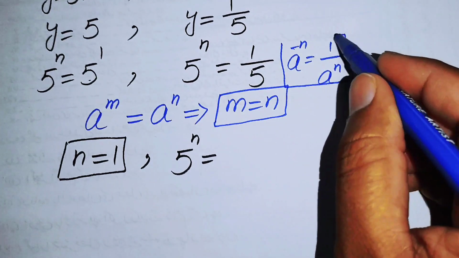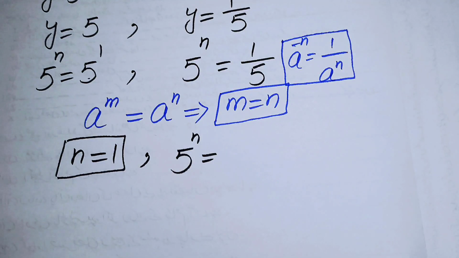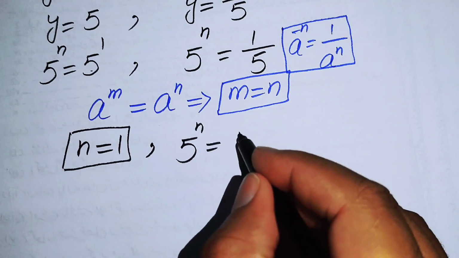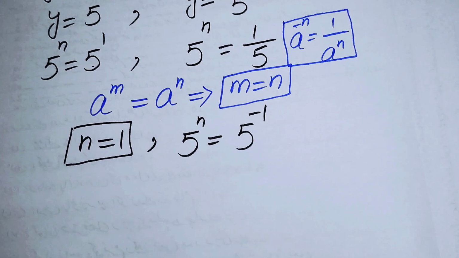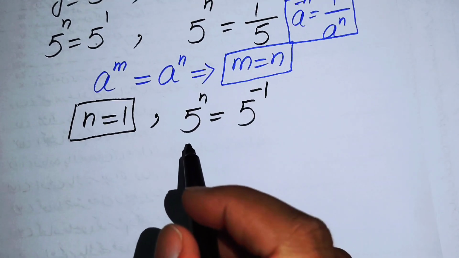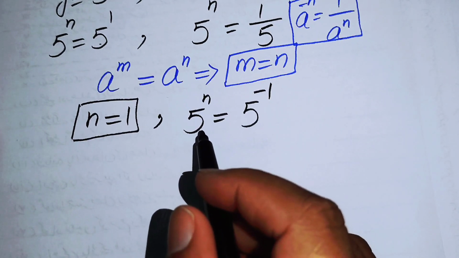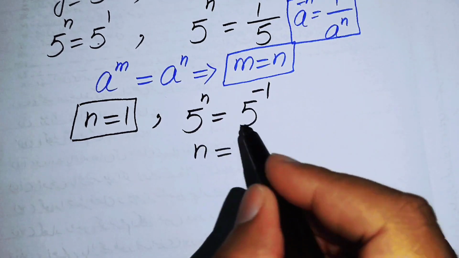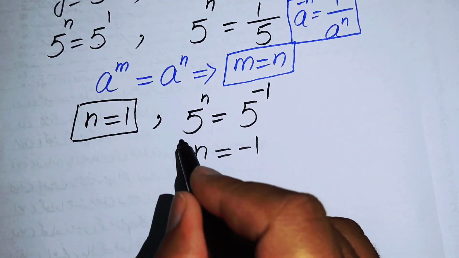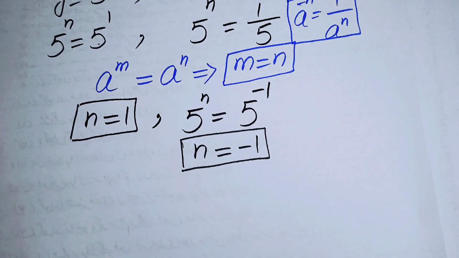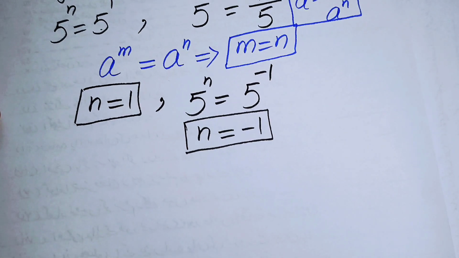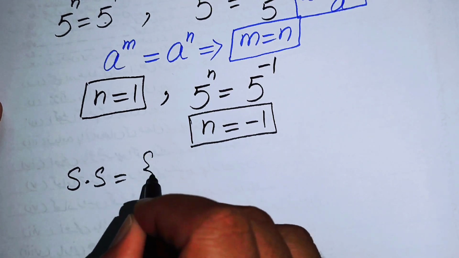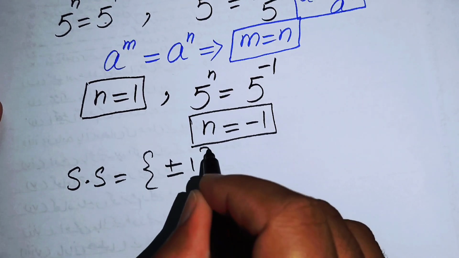So according to this law, when you move this 5 to the upper side, you will get its negative exponent, so that you get 5 to the power of minus 1. And similarly now you again compare both of the sides, and you see that the bases on both of the sides are the same, so the exponents are equal to each other, and here you get n is equal to minus 1. And finally we will say that the solution set of this question is plus minus 1, and this is our final answer.